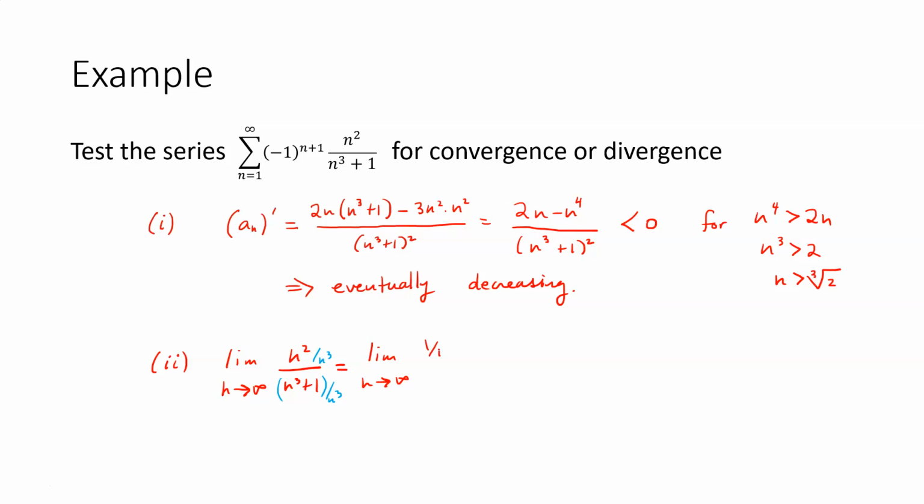We get 1 over n, and then we get 1 plus 1 over n cubed. And then all this stuff goes to 0. So I'm left with 0 over 1 plus 0, so 0. Okay, so we showed it's decreasing and that the limit goes to 0, and therefore it is convergent by the alternating series test.